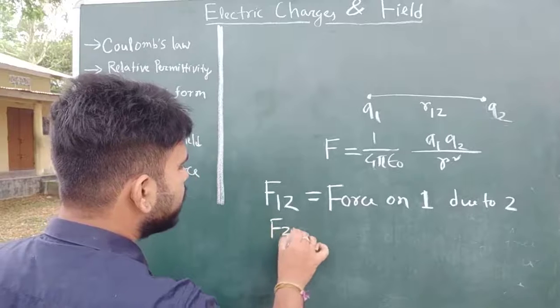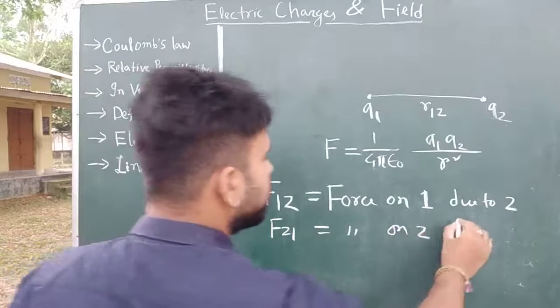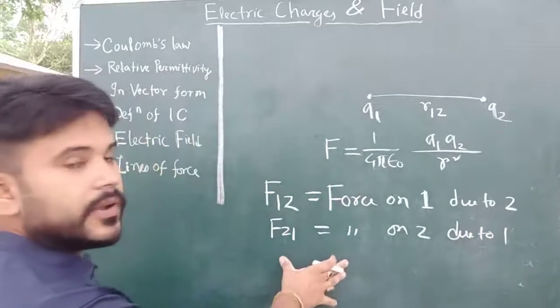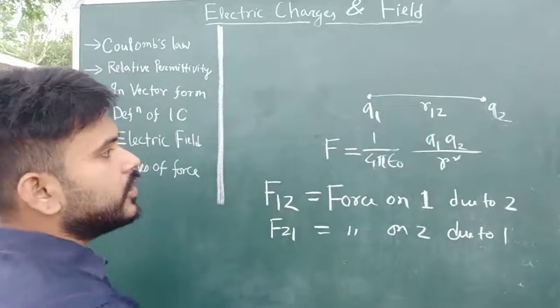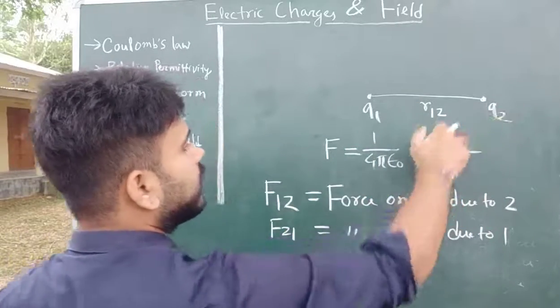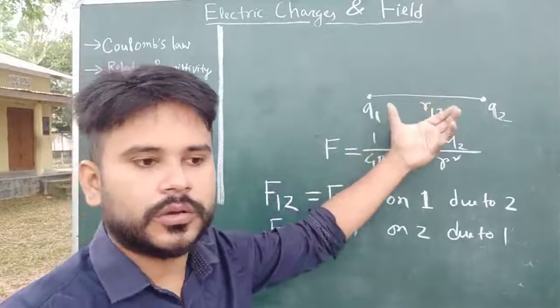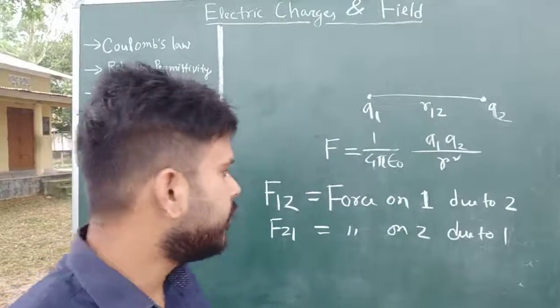And F21 represents force on 2 due to 1. F21 represents force on Q2 due to the charge Q1. So in that case, we need to define the position vector R21, that is the position vector of charge Q2 with respect to charge Q1.